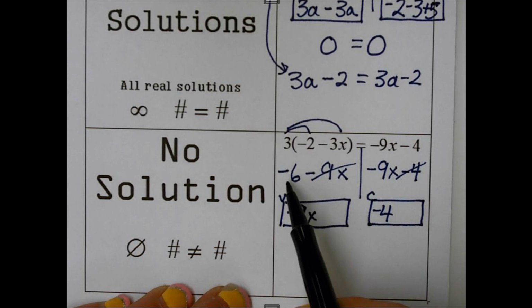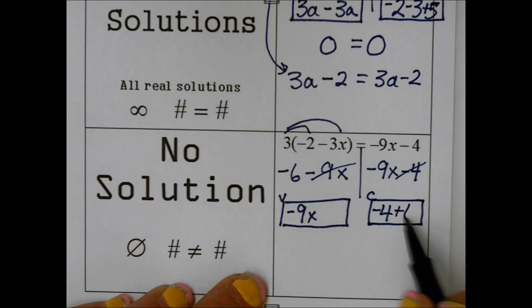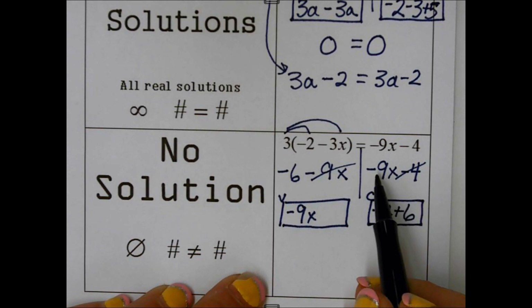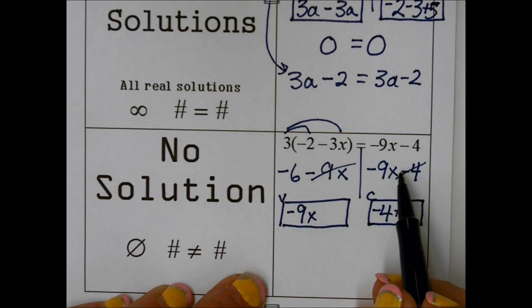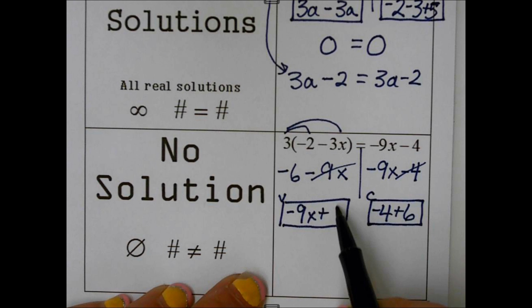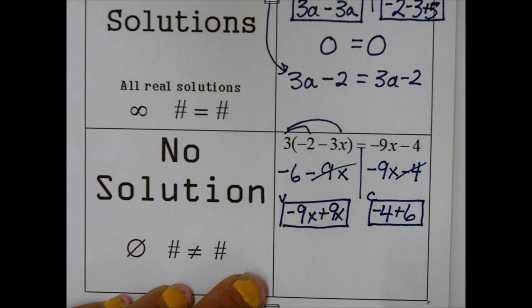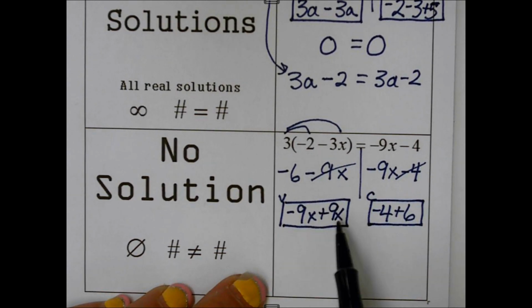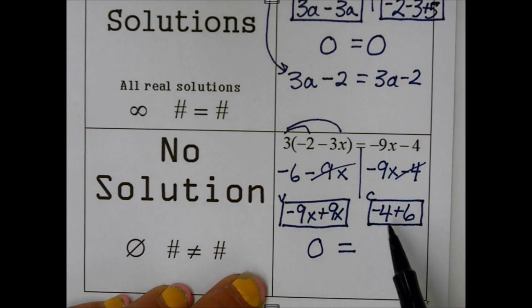Okay, let's see what happens on this one. So look, the variable cancels. We get 0 equals negative 4 plus 6. Oh, that's 2. And in math, that is a false statement. Okay, that is false. That is not equal to each other. So we know that this particular equation would have no solution.